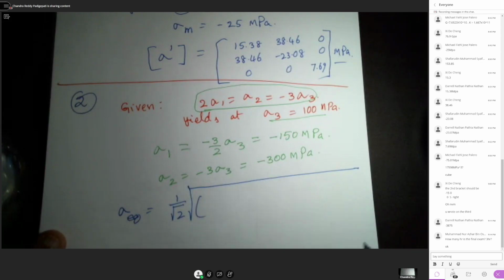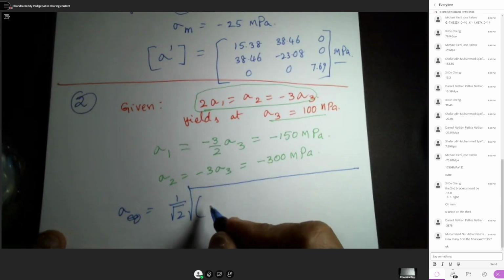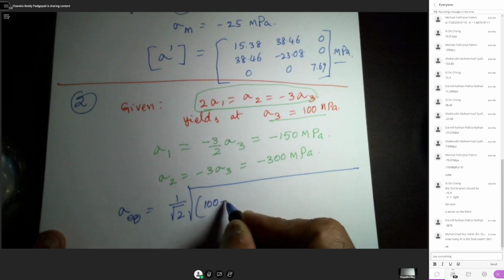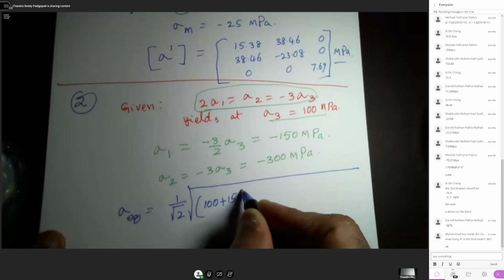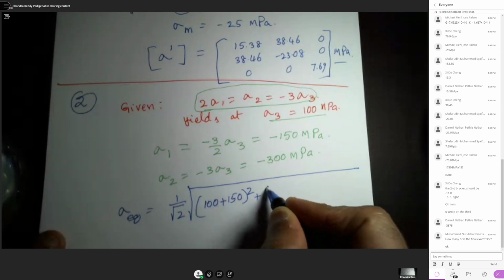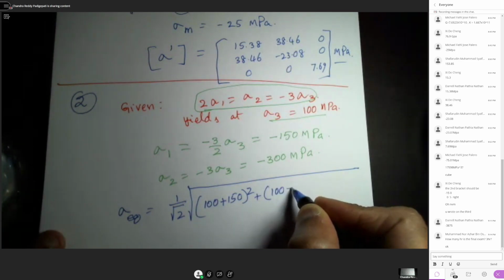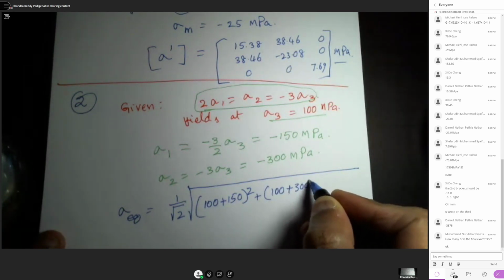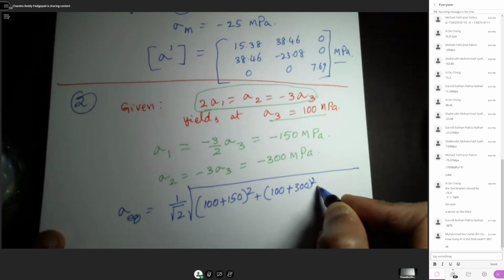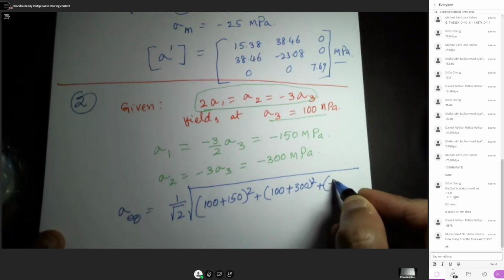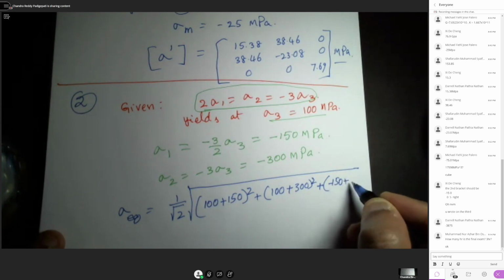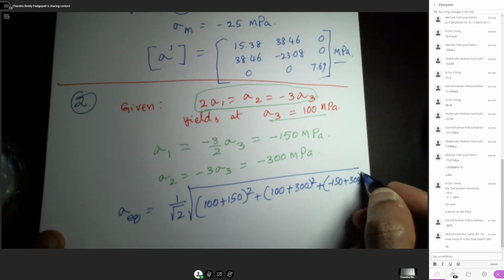Either way, because you're taking the squares, you can write it so. It will be 100 plus 150 whole square plus 100 plus 300 whole square plus minus 150 plus 300 square.